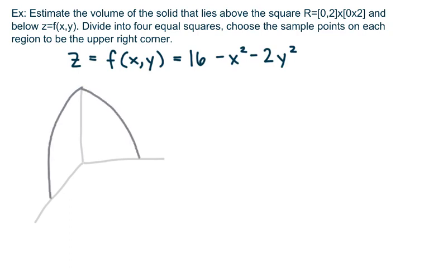So it's coming down like this, and it is curved like that. We have a height up here of 16. Right, that's the y-intercept. This is an elliptical paraboloid opening down. I said y-intercept, I mean my z-intercept.